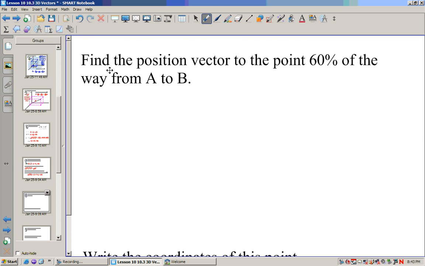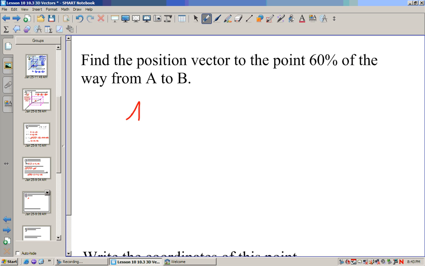Find a position vector to the point 60% of the way from A to B. So now we're doing position vectors. Now we have to remember how this worked before. We always went from 0, 0 to our first point and then 60% of the way.